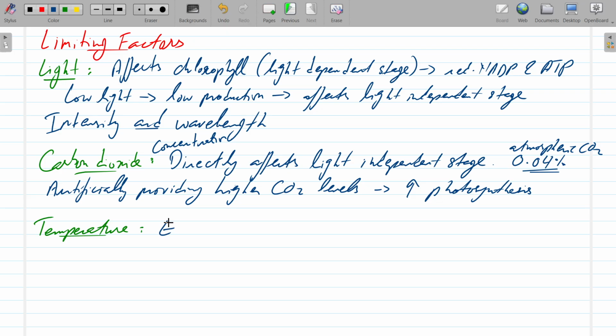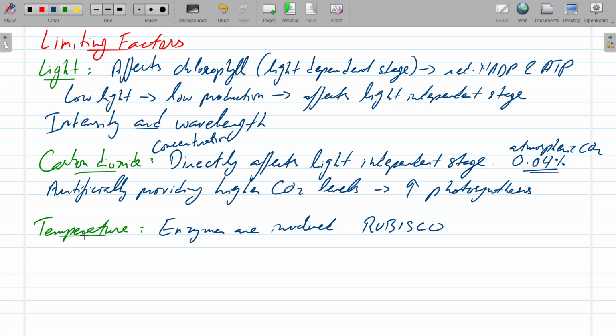Right, and so we know that enzymes are involved in photosynthesis. Right, we talked about Rubisco, and so enzymes are sensitive to temperature, and they have optimum temperatures at which they work. Right, and so the process of photosynthesis therefore is affected by temperature.